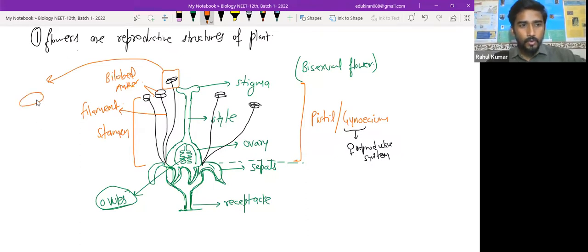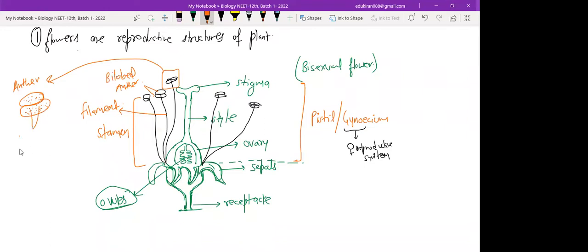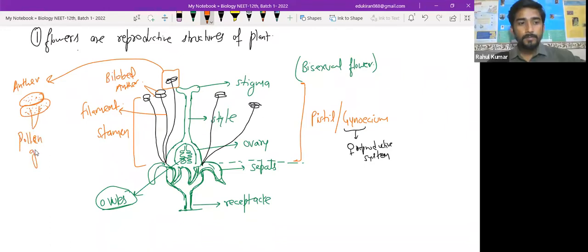anther has two lobes in this case, and inside the anther there are small spore-like structures which are formed, and these are called pollen grains. Now these pollen grains are the male gametes.